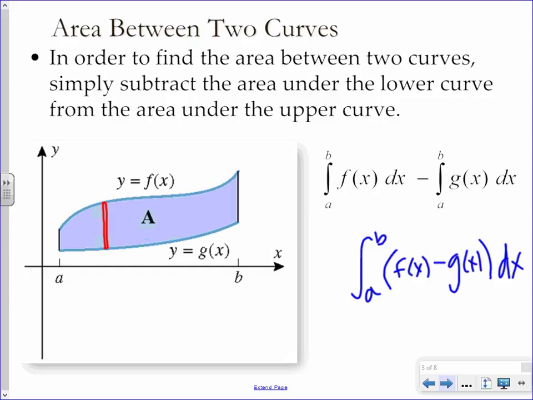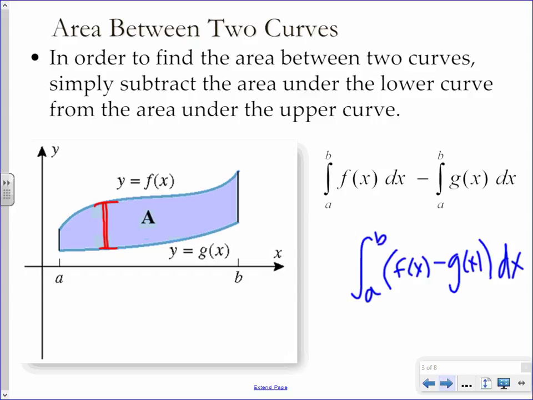When I look at this rectangle, I know that the top of the rectangle rests on f of x, the bottom rests on g of x, and so I know I need to take f minus g. Sometimes I like to describe this as top minus bottom function.